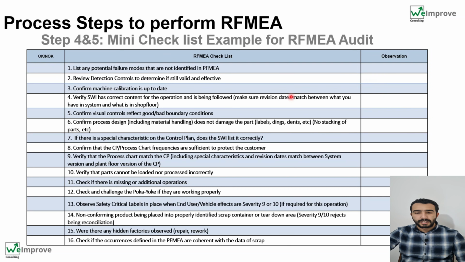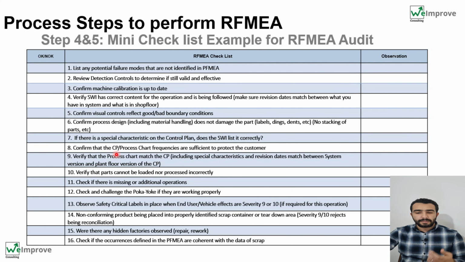and you have to put your observation here. The third one: confirm machine calibration is up to date, verify the standard work instruction has correct content, confirm visual controls reflect good and bad boundary samples, confirm process design. If there is a special characteristic on the control plan, does the standard work instruction list it correctly?